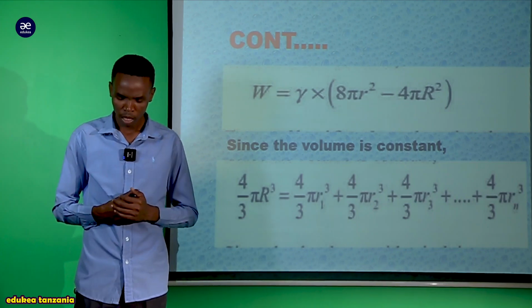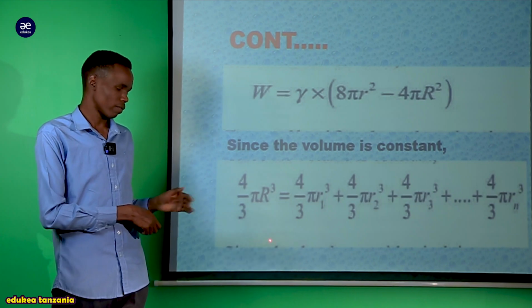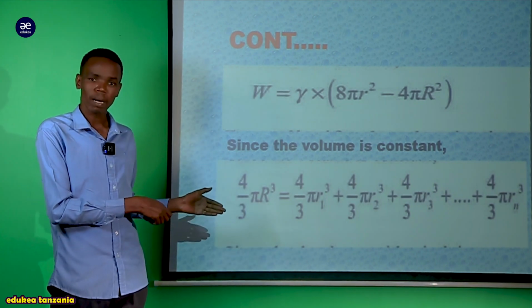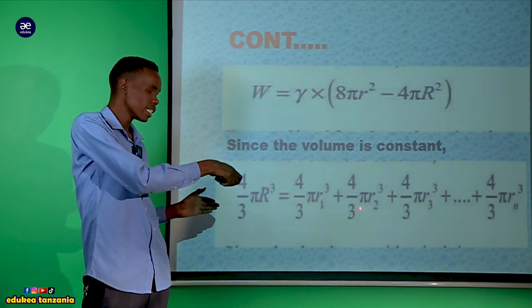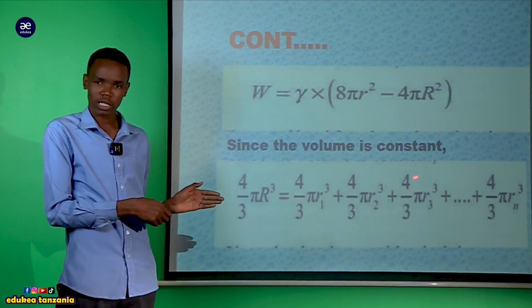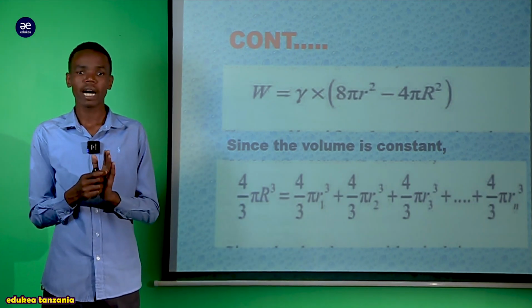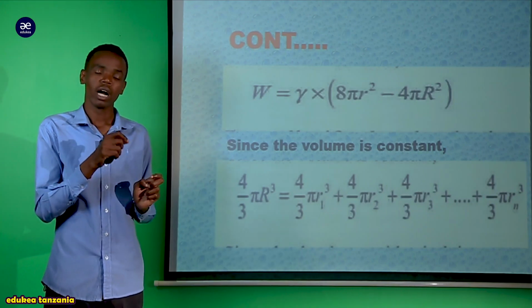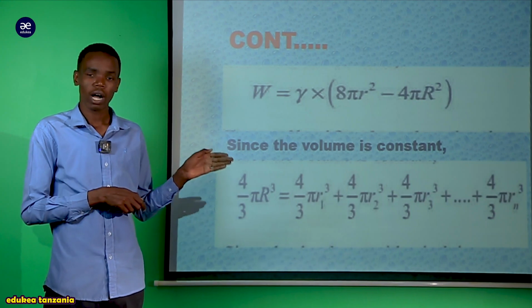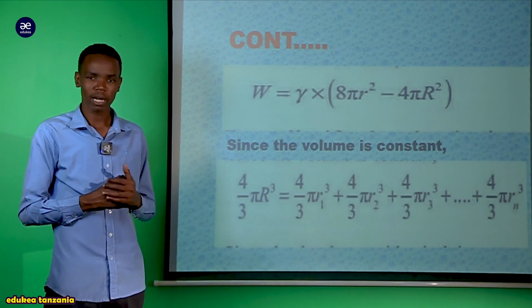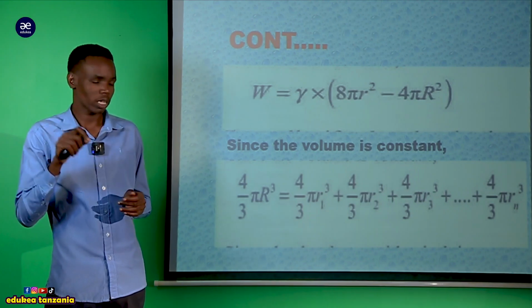So after this, because we have the common value, the 4 over 3 pi is present on both sides, now we are supposed to factor it out. Kwa tukishafactor out, tutapata 4 over 3 pi R cube must be equal to 4 over 3 pi bracket r1 cube, we add r2 cube, we add r3 cube, we add dash rn cube, as we seen.